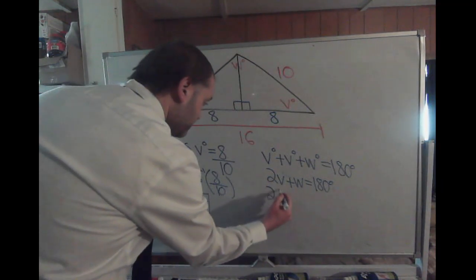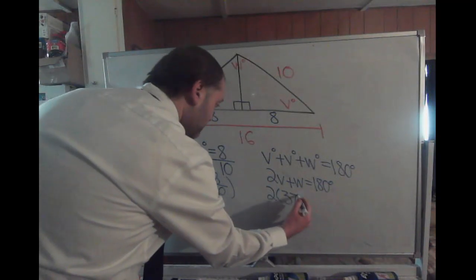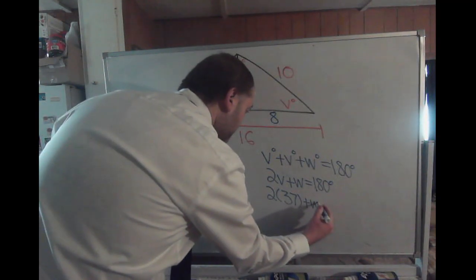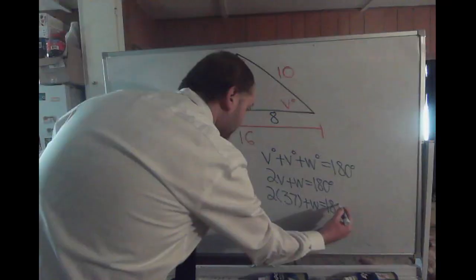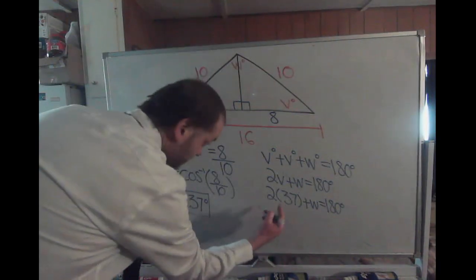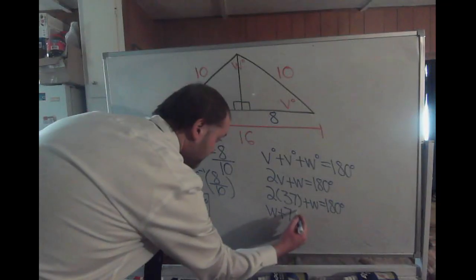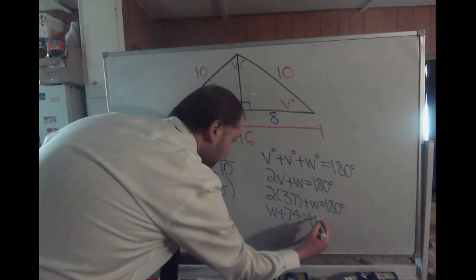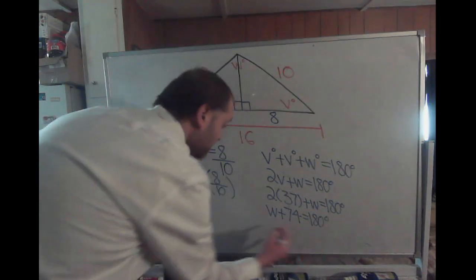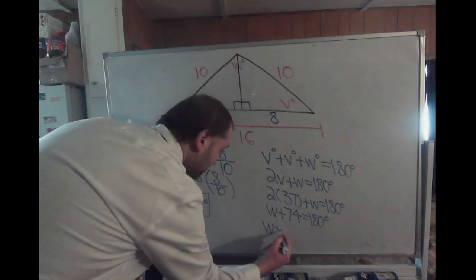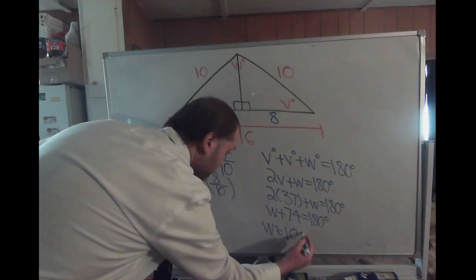So then you would take 2 times your 37 plus W. That would equal 180 degrees. 2 times 37 is 74, so you'd have W plus 74 equal to 180 degrees, which would make W approximately equal to 106 degrees.